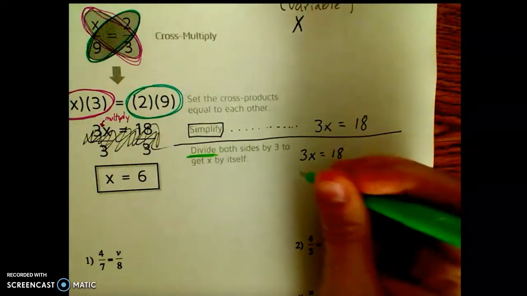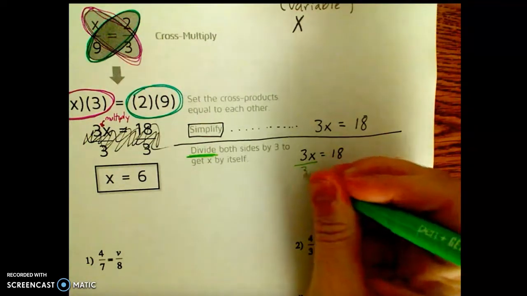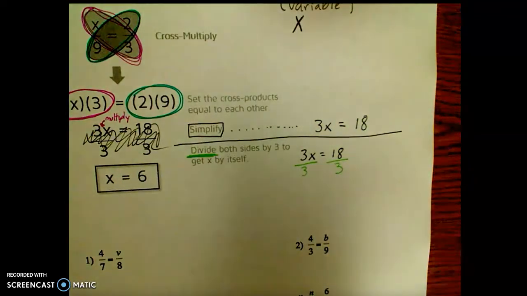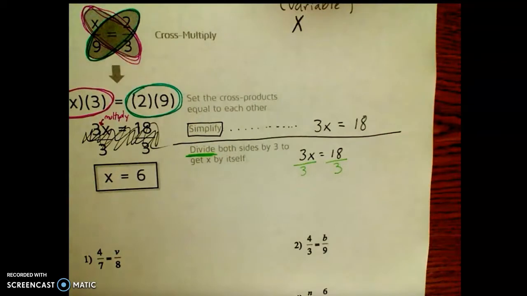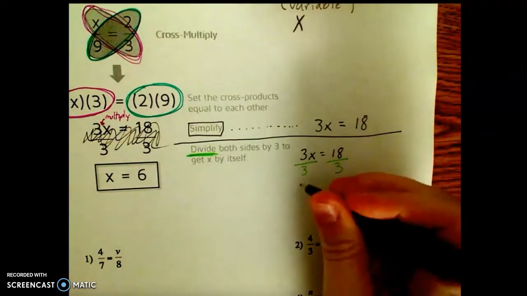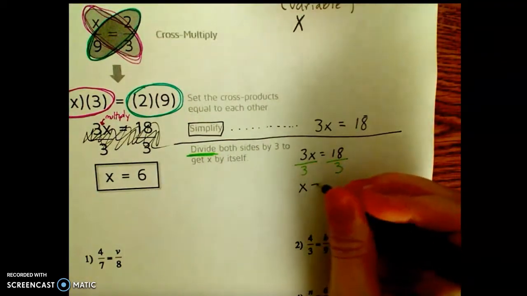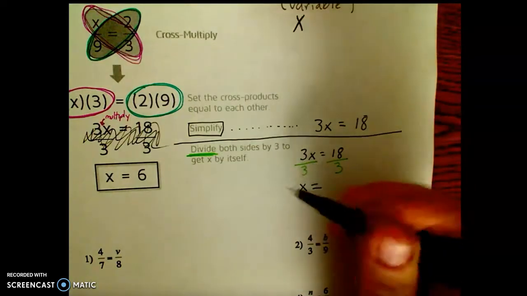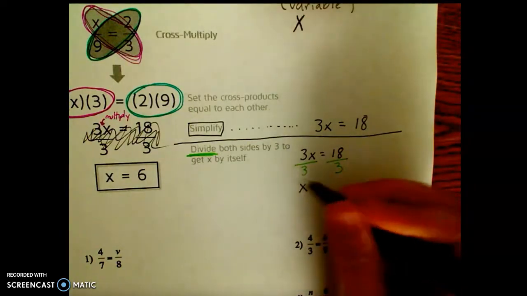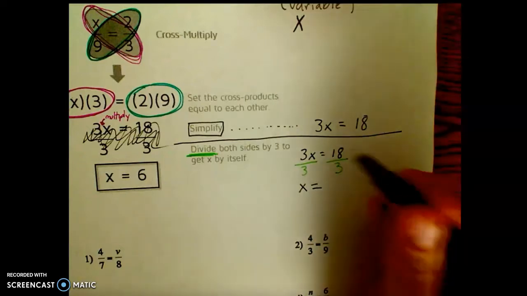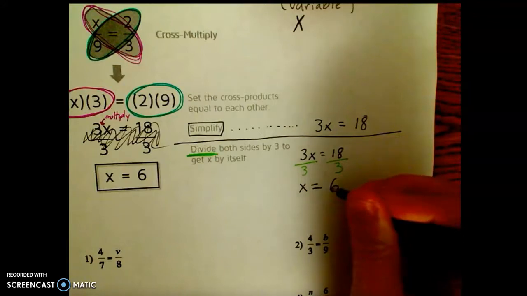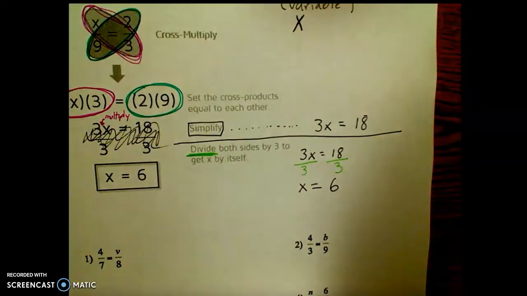And as long as we do the same thing to both sides of the equation, we're keeping it equal. 3x divided by 3 is 1, so there's 1x right there. 18 divided by 3 is 6. Okay, that was a little fast.